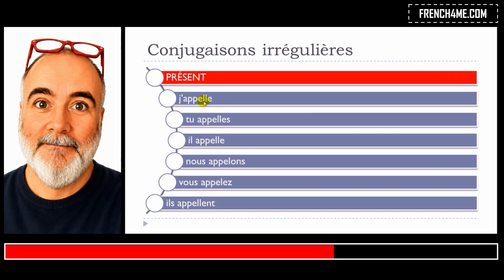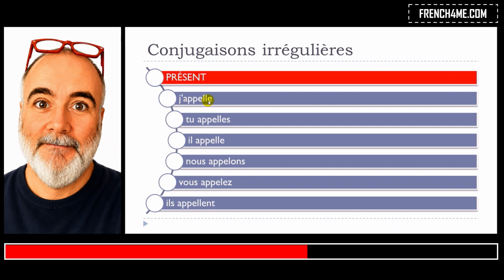And it's quite interesting because, as we saw in the previous video, if you have a double L like that, it will affect the pronunciation of the E. So actually it will open the sound.